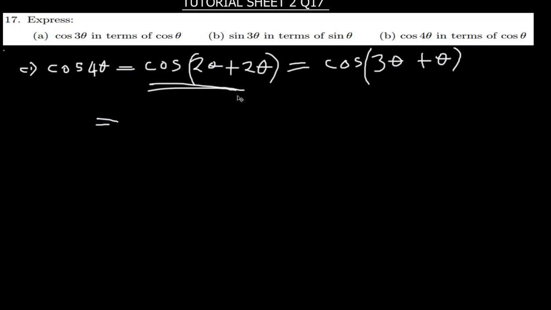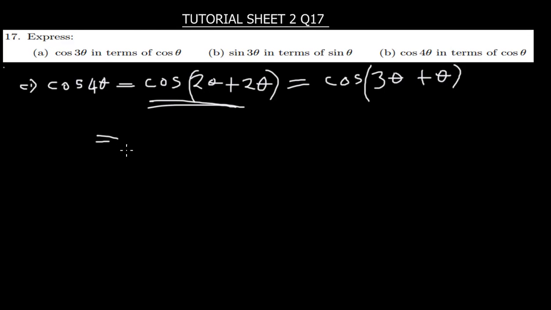So now when I want to write this in terms of cos theta, I'm going to use the double angle formula, which is going to be cos 3 theta cos theta, and then it's going to be a minus here, and then we have sine 3 theta sine theta this side.